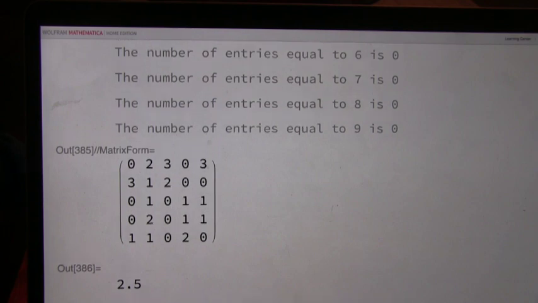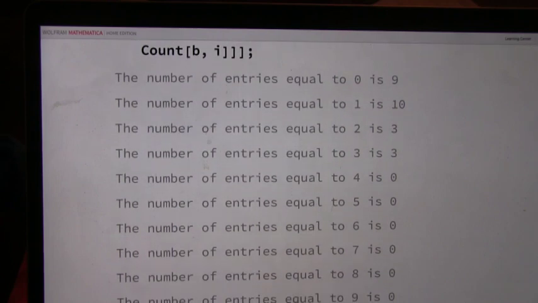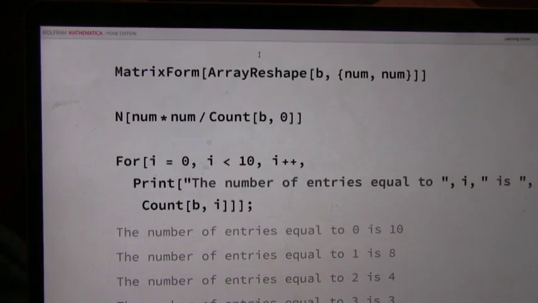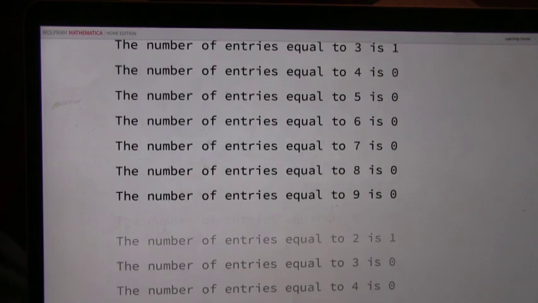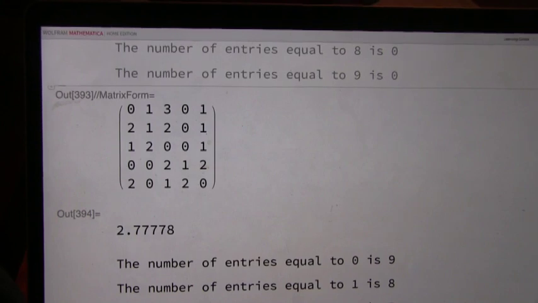I'm not sure why this part is appearing up here. Let's get rid of that. So here, I definitely have a new grid, but this time I had 10 zeros. First time I had 9. Now I'm back to having 9 zeros.